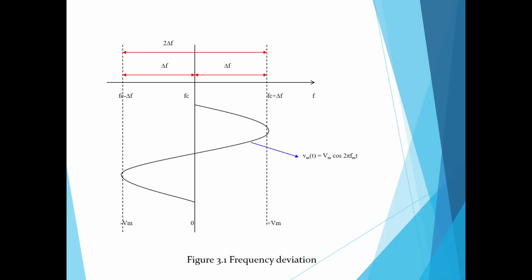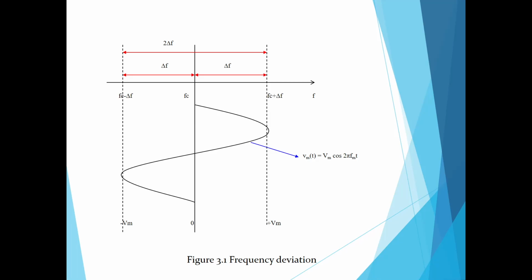Okay, so kalau kita tukar frekuensi carrier dalam proses modulation, we are actually indirectly change the phase of the carrier as well. Okay, so what about the amplitude? Amplitude of the carrier remains the same. Only the frequency and phase will change.